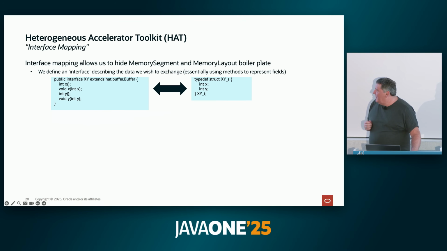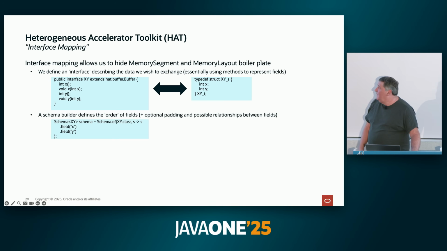Just to burrow down into that a little bit, we have this interface. It's equivalent to this struct. We kind of have to do some work to order them because the order of methods is not defined, and so therefore we have to actually impose some order. We may even have to impose some padding if we're talking to an API that currently exists.